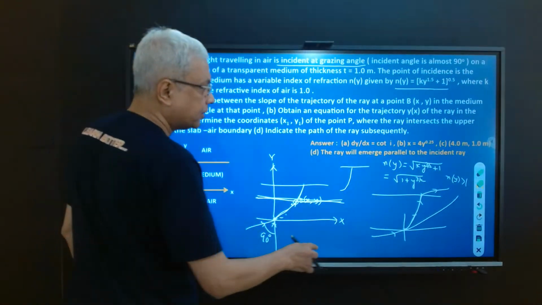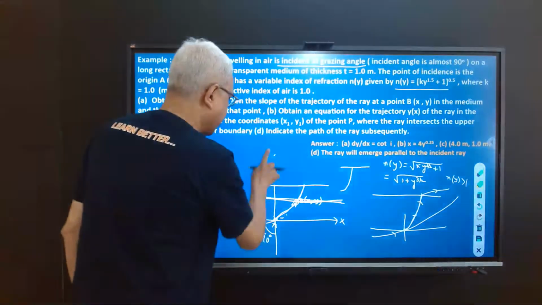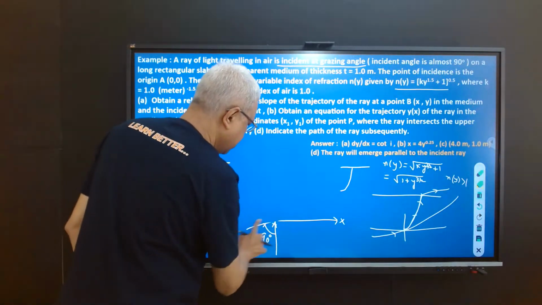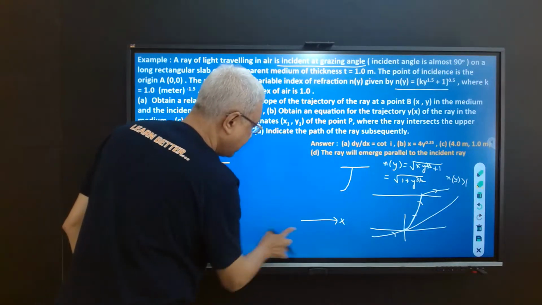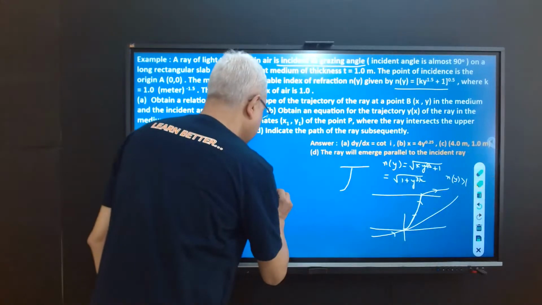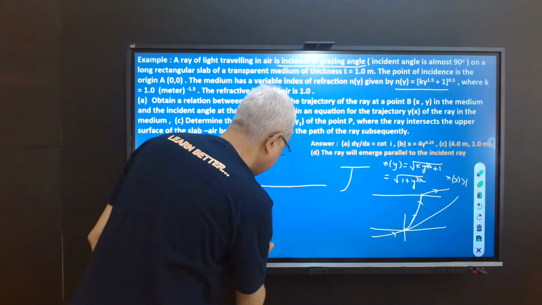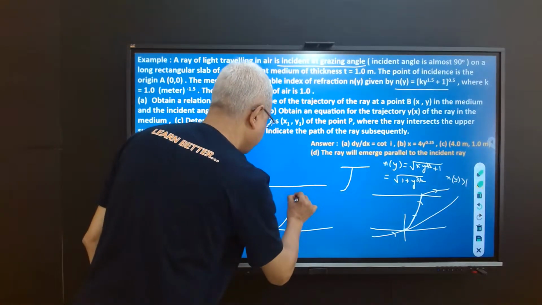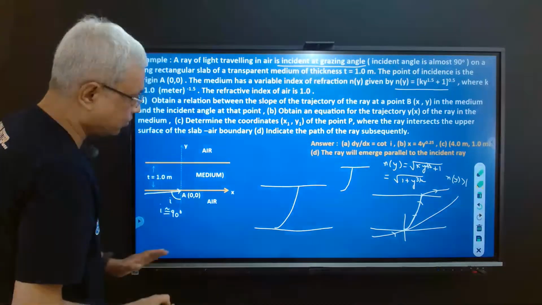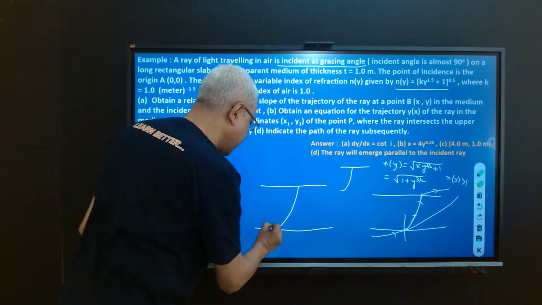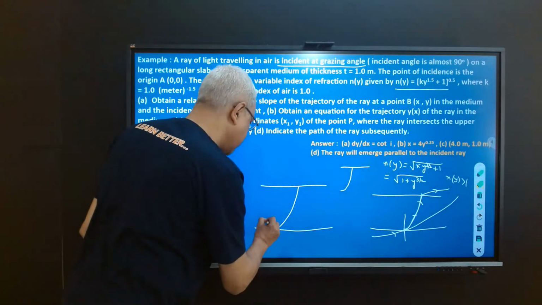Now what happens? At any point (x, y), you can think that there are parallel layers of optical media whose index of refraction is continuously changing. So from this point, let the trajectory be like this, which is obviously not a straight line, and this is the point A, which is (0, 0).